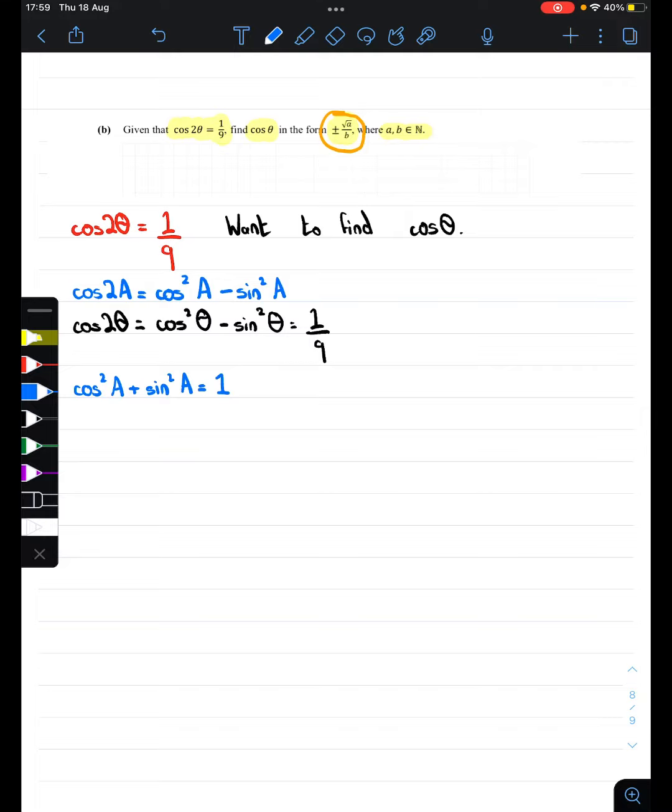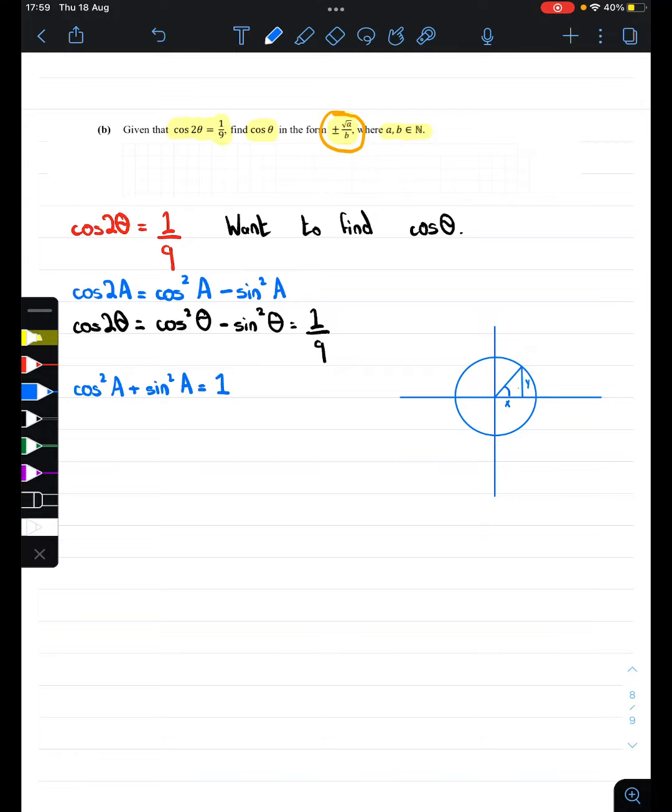And this comes from the unit circle definitions of sine and cosine. If we have our unit circle, and let's say we have some line here so that this is our angle, then cosine represents this length here, the x coordinate, and sine represents the y coordinate.